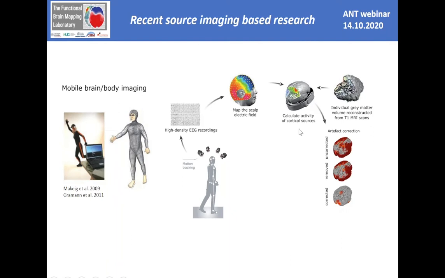Then an additional step is needed in mobile brain imaging, namely a sophisticated artifact correction. More to that later. But if you have these artifacts that are produced by these additional movements corrected, even then you have the essential question: how are the brain dynamics related to the motion, right? So usually we bridge this gap using the motion tracking already in the imaging process.